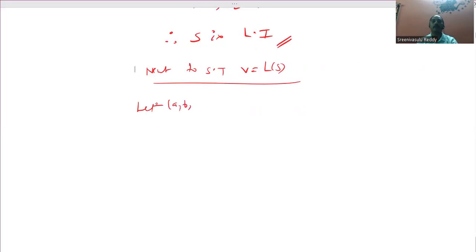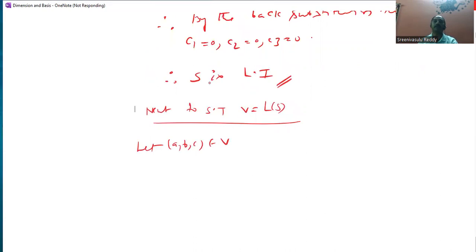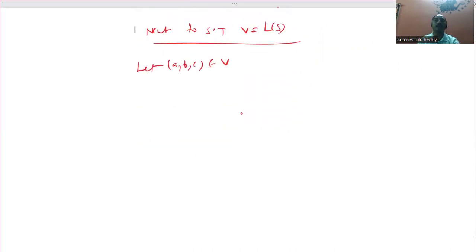Let (a, b, c) be in V. Because it is a three-dimensional vector space, all vectors have three components.